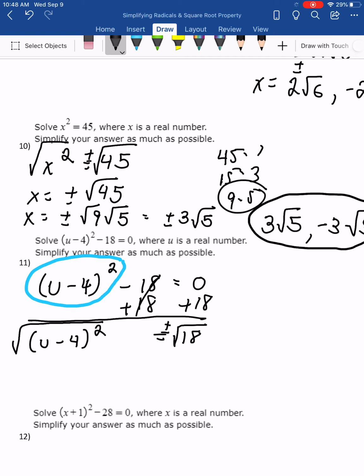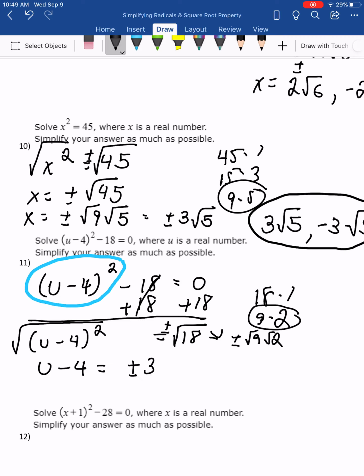So the square root of u minus 4 squared, again, square rooting undoes squaring. So we're just going to be left with u minus 4 equals, let's simplify that, square root of 18. 18 times 1, 9 times 2, there's our pair. Plus or minus, let's see, that's plus or minus square root 9, square root 2.